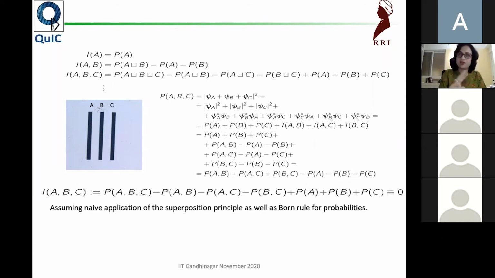So this will have a correction term when all three slits are open, because of paths which cross the slit plane more than once. And so this particular quantity, the Sorkin parameter, would be non-zero even without violating the Born rule.